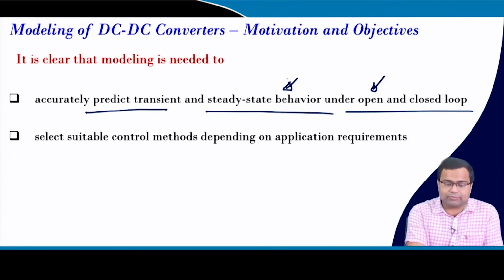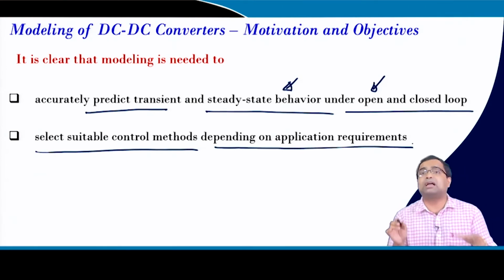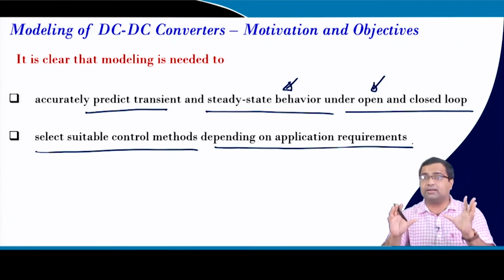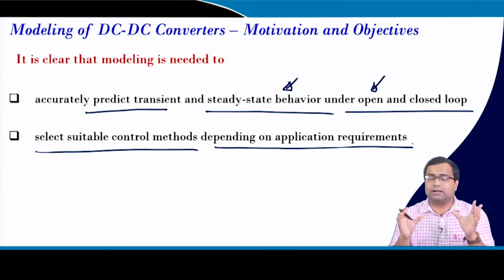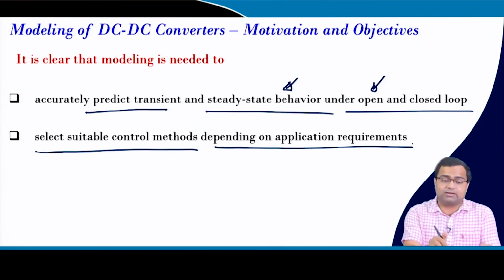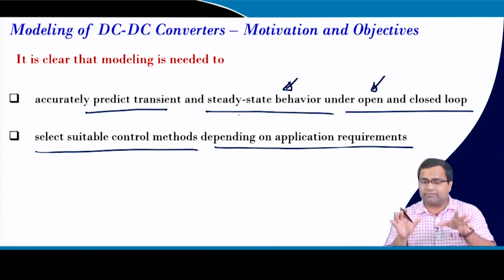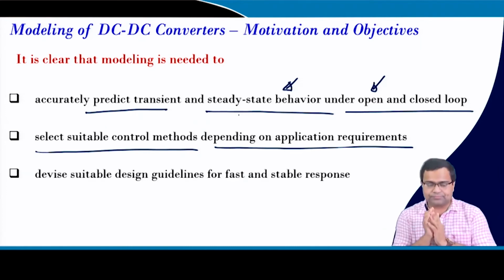Once we have the model, then we need to select the suitable control method, depending upon the application requirement. So if you need current mode control, for example for a voltage regulator module, multi-phase, then it is better to go for current mode, and then we need to consider such a model and design a very high bandwidth current controller.